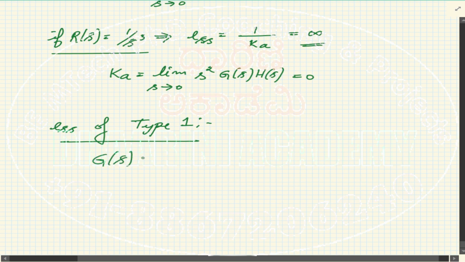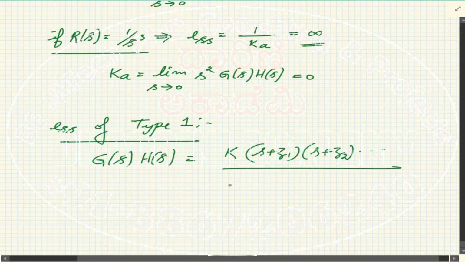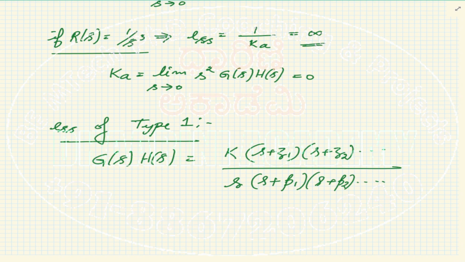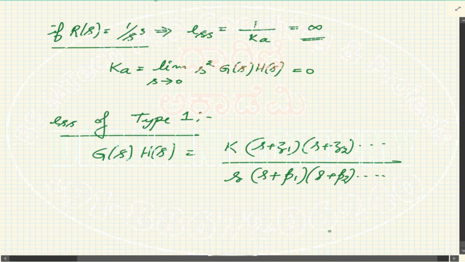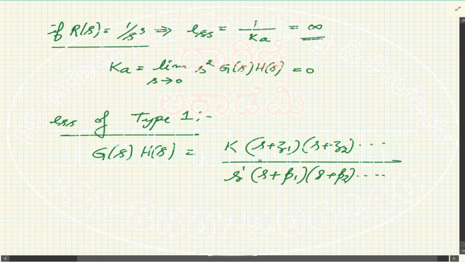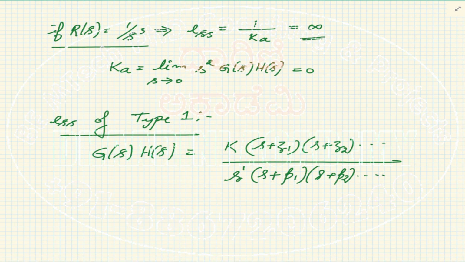G of s into H of s will be K into (s plus z1)(s plus z2), whole divided by, now you see there is an s coming, s into (s plus p1)(s plus p2) and so on. Since you have the s in the denominator, s to the power 1 comes over there, which means there is one pole at the origin.